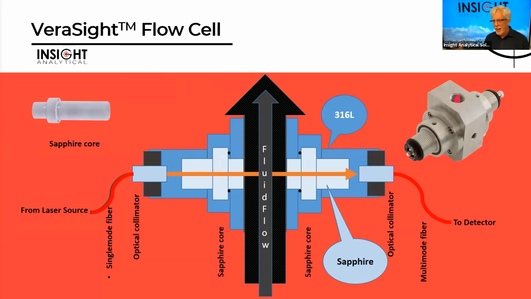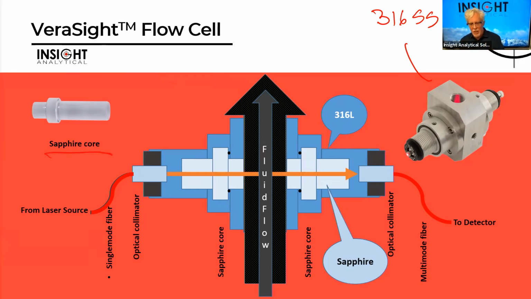Again, we need this to be mechanically robust. And so one of the things that we use is what we refer to as a flow cell. This is basically a big block of 316 stainless steel. Inside of it are two synthetic sapphire rods.